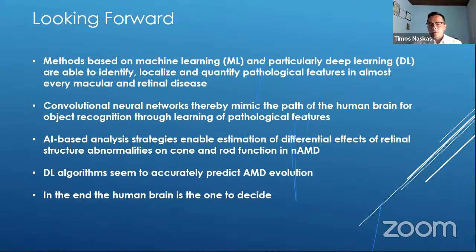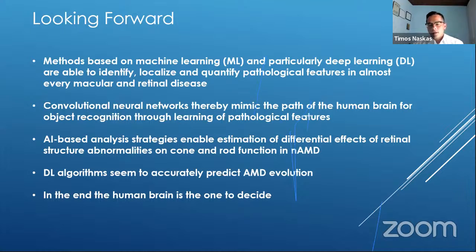So there are different analysis strategies as well in order to estimate the dysfunction and structure abnormalities of photoreceptors in neovascular AMD as well as in dry AMD. And there have also been all these algorithms tested that seem to accurately predict how the disease will evolve.